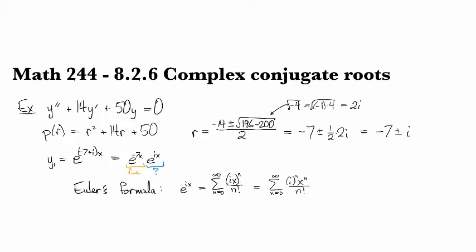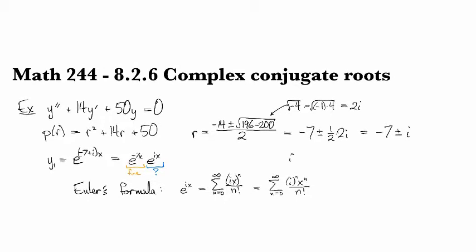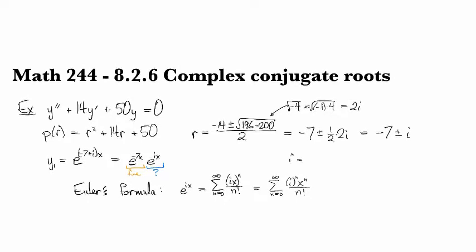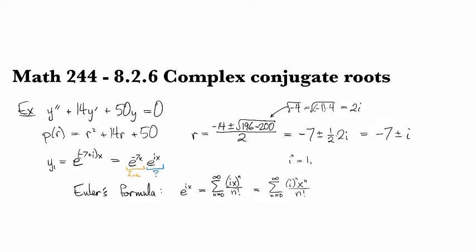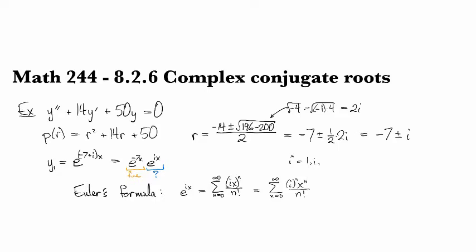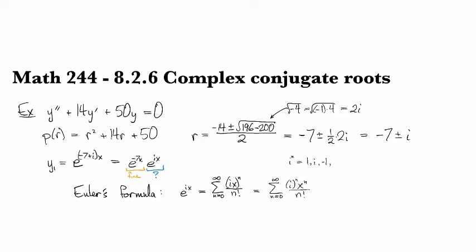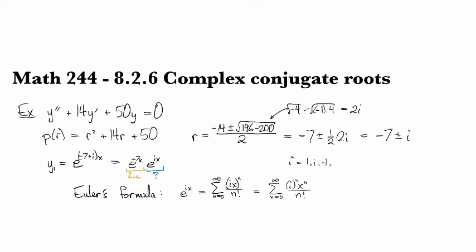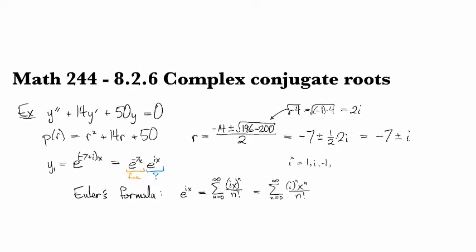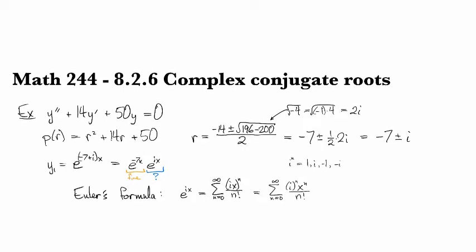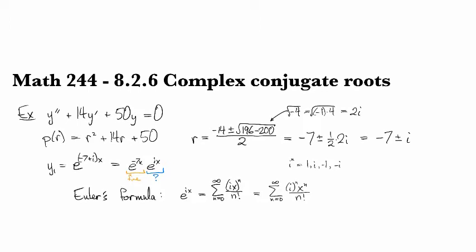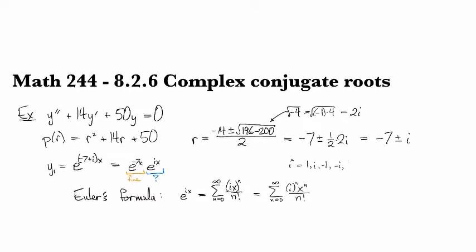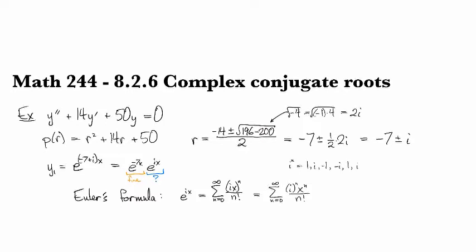If we look at the powers of i, i to the 0 is 1, and then i to the first power is just itself, and then i squared is minus 1, and then i cubed is i times i squared, so it's minus i. i to the fourth is i squared squared, so minus 1 squared, that's 1, and we're back where we started.